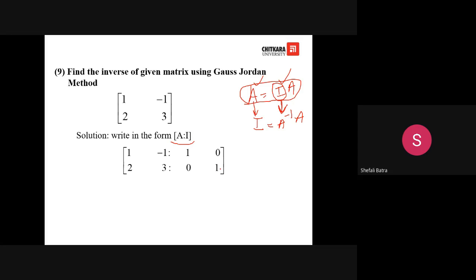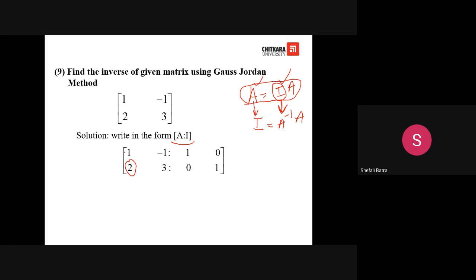So this is your given matrix 1, minus 1, 2, 3, and then the corresponding identity matrix 1, 0, 0, 1. Now your task is to convert this into identity matrix using only elementary row operations. Right? So for making identity, we will make this entry 0.